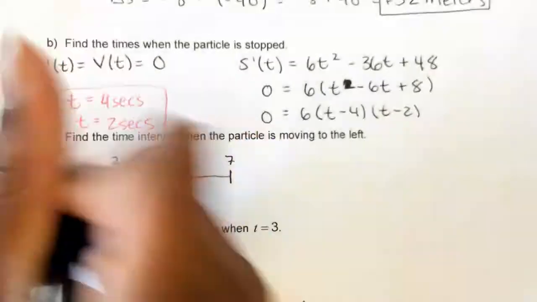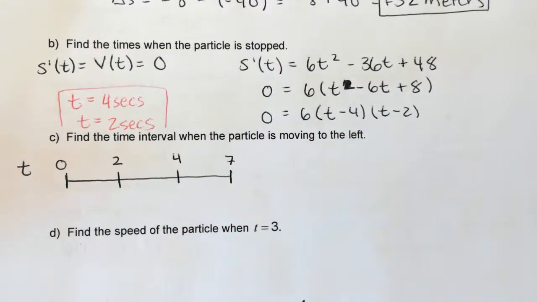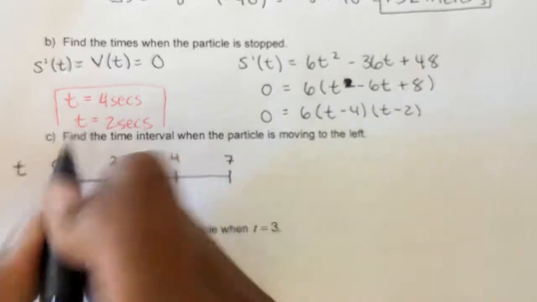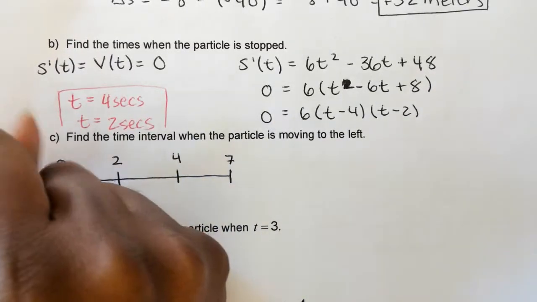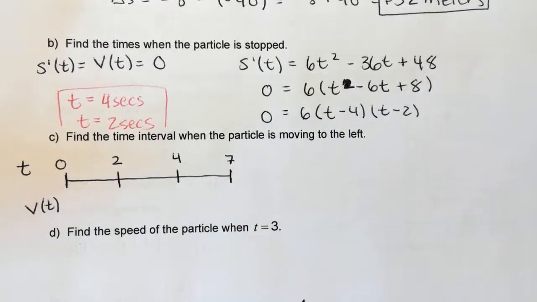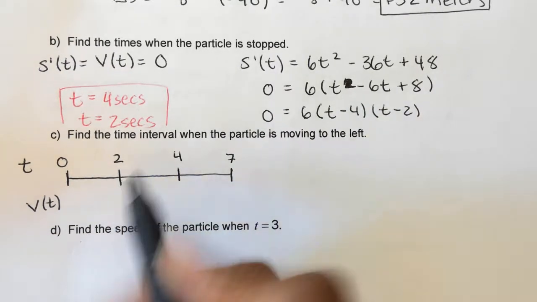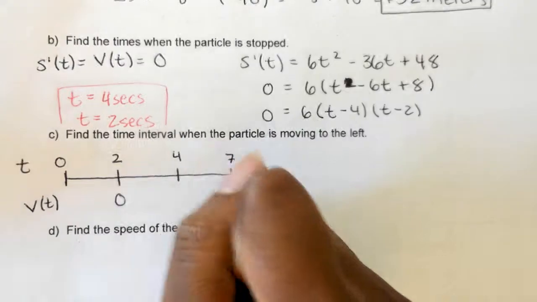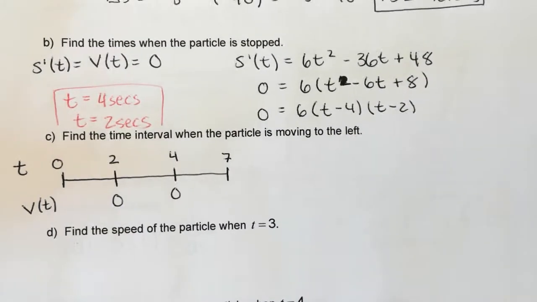The numbers up top are my times, and down at the bottom are my velocities. At 2, the velocity is 0. At 4, the velocity is 0.